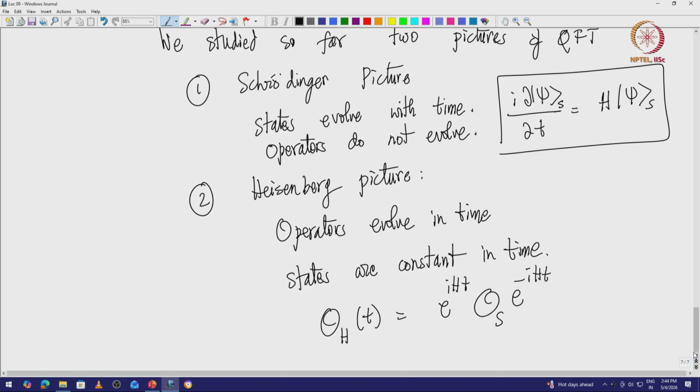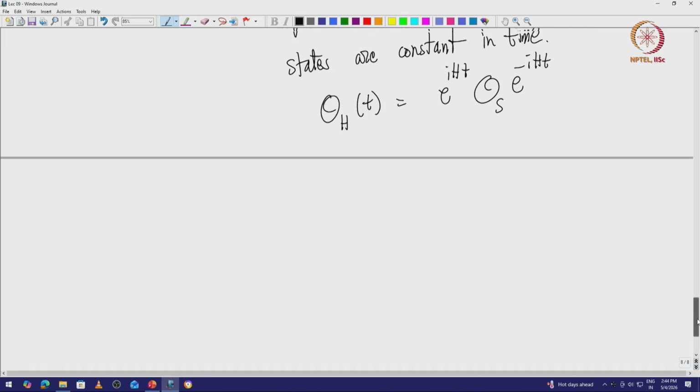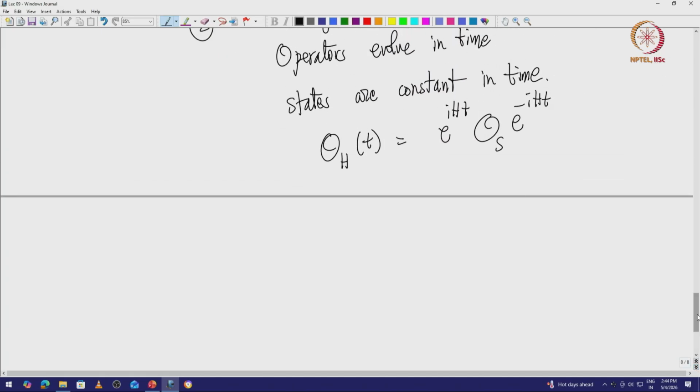The relation between the states is that the Heisenberg state is equal to e^{iHt} times the Schrodinger state.